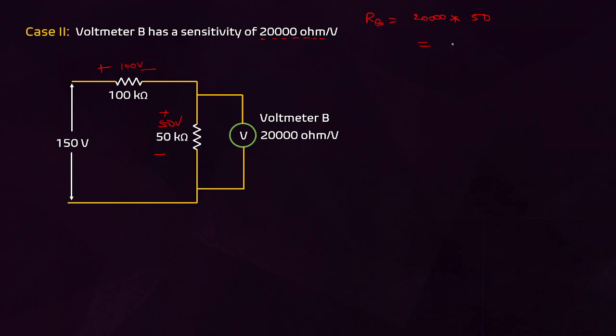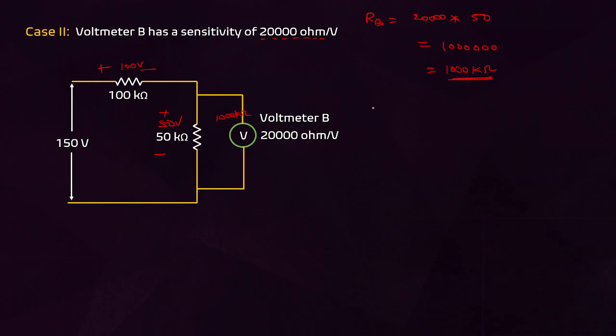Now, what is the value? I think it will be this much, right? 4 0s are 0, 5 0s are 0, 2 5s are 10. Done. So this can be written as 1000 kilo ohm.